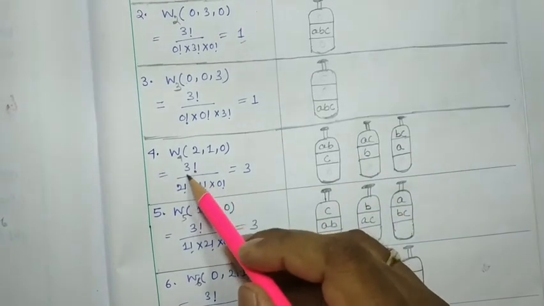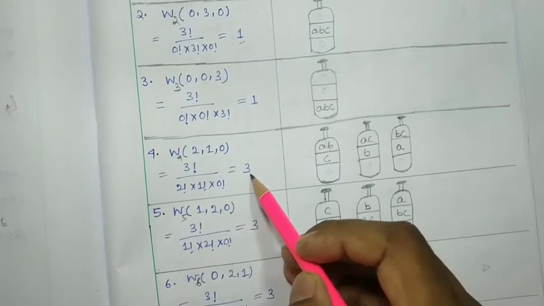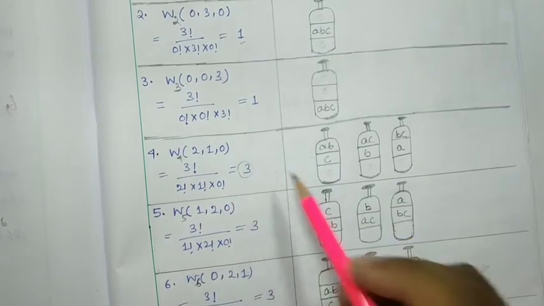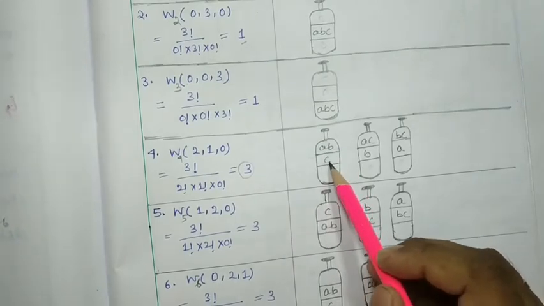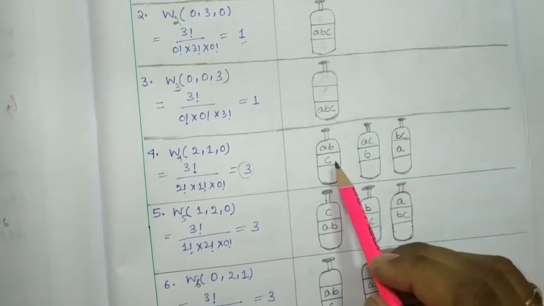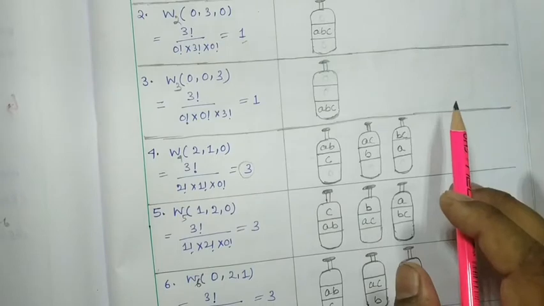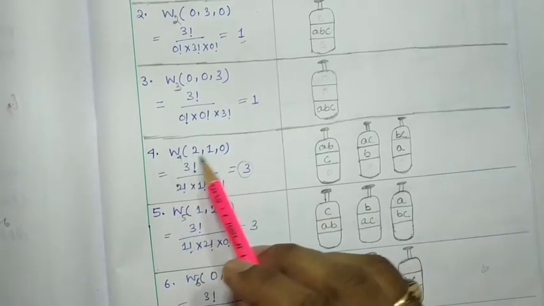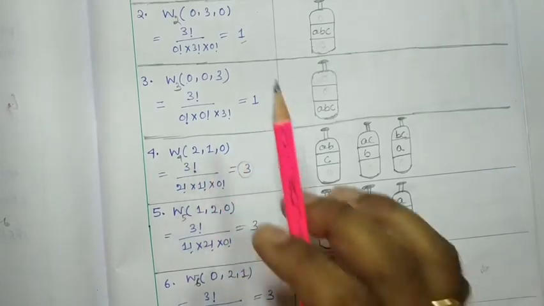It will be 3 factorial by 2 factorial into 1 factorial into 0 factorial, so the number of ways of arrangement will be 3. See here, ABC can be possible, ACB can be possible, BCA can be possible. So these 3 arrangements are possible for this macrostate. That means 3 microstates are possible for this macrostate.